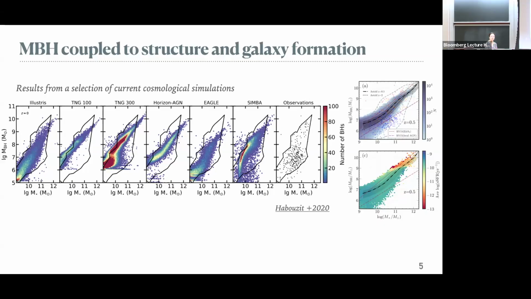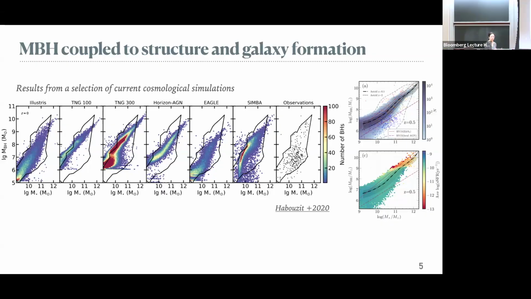I don't think it's typical to tune this, because you could say that intrinsically, if you have some Bondi accretion which accretes cold gas and you have a star formation model which forms stars out of the same gas, then that's intrinsically establishing this correlation. So I think in some sense we don't fine tune this.